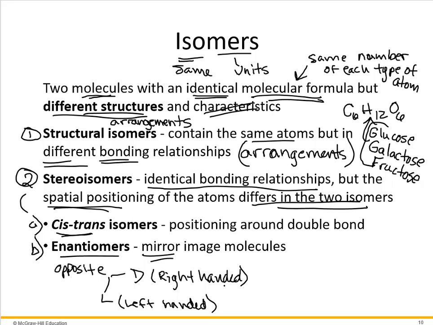But there is another kind, and this is what I really wanted to do this video for: the cis-trans isomers. This is the positioning around the double bond. In a lot of molecules, you will have a carbon double bonded to a carbon. If the hydrogens are both on the same side, with other parts of the molecule here and here, this is called the cis arrangement because they're on the same side of the carbons.